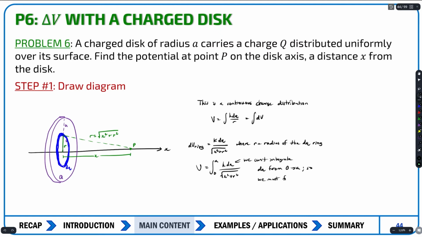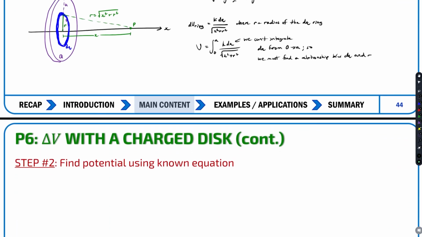So we must find a relationship between dq and r so that we can integrate this properly. So how do we do that? I'm just going to go to the next slide so we have more room.